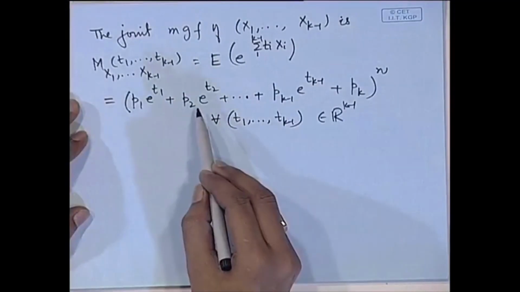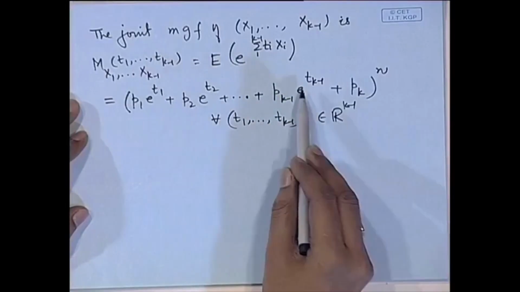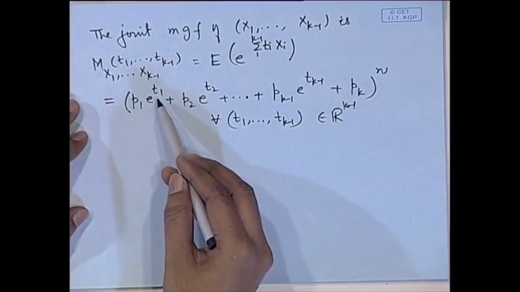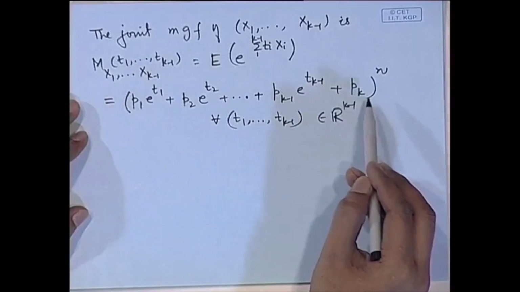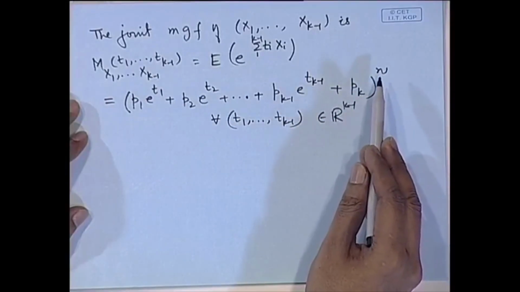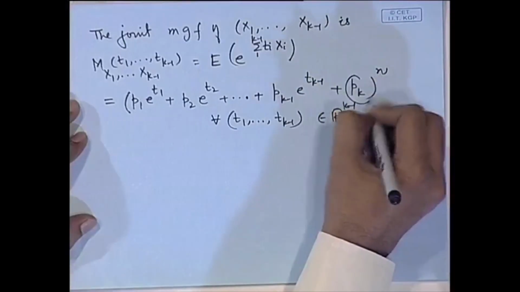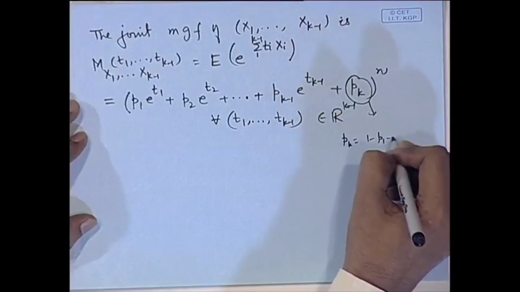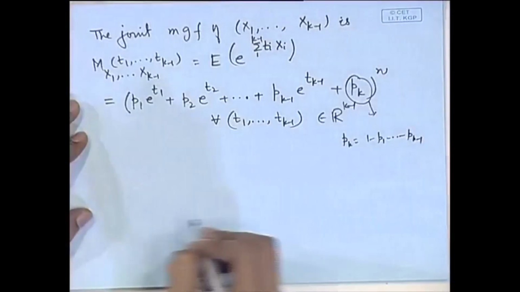Now, easily you can see that suppose I substitute t2, t3, up to t(k-1) equal to 0, I will get (p1 e to the power t1 plus p_k) to the power n. So, this p_k is actually 1 minus p1 minus p2 minus ... minus p(k-1).